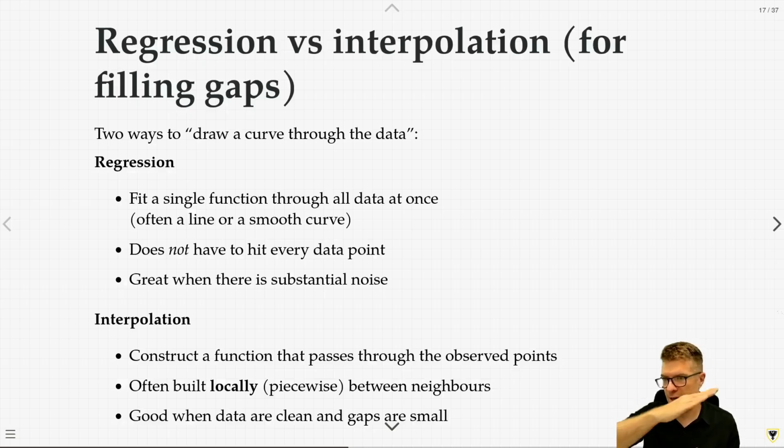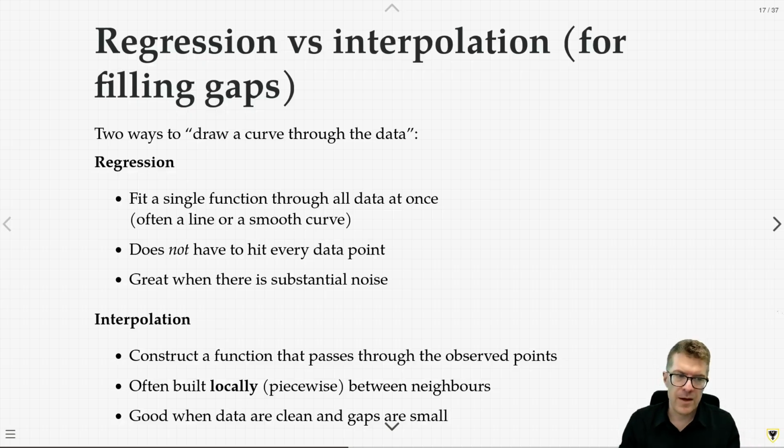It's sort of like an average that represents the overall trend of the data. This is fairly good when there's lots of noise and the data points are scattered all over the place. Now you have a single function that goes through all of your data, so if you're looking for a value of x that you don't have, you can still make a prediction as to what it should be.